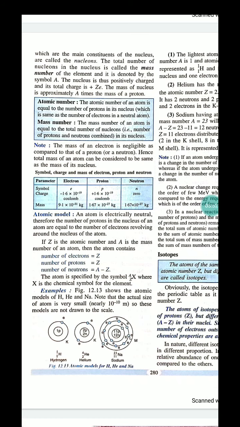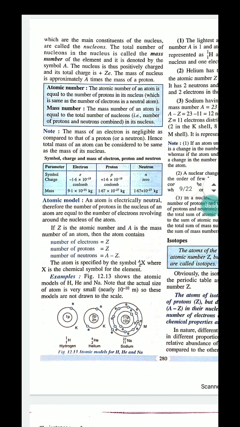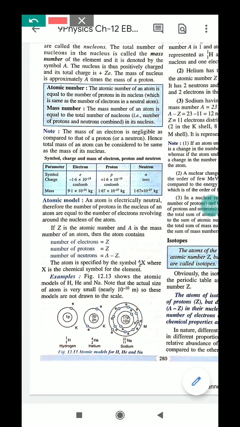So here one hydrogen atom is there. We are able to see atoms of three different elements: hydrogen, helium and sodium. The actual size of an atom is very small, nearly 10 to the power minus 10 meters, so these models cannot be drawn to scale. In hydrogen, one proton and one electron are there. In helium, 2 neutrons and 2 protons, and 2 electrons are in the outer shell.